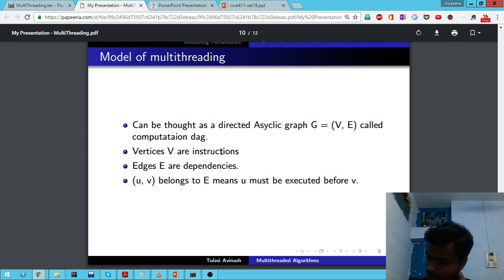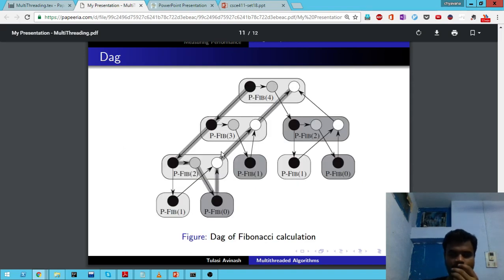So there is a dependency. Unless the execution of this particular instruction is complete, we cannot go ahead with the execution of this instruction. Same thing here. Unless the execution of this is complete, we cannot go ahead. So these edges denote dependencies. This is called a DAG, or directed acyclic graph.